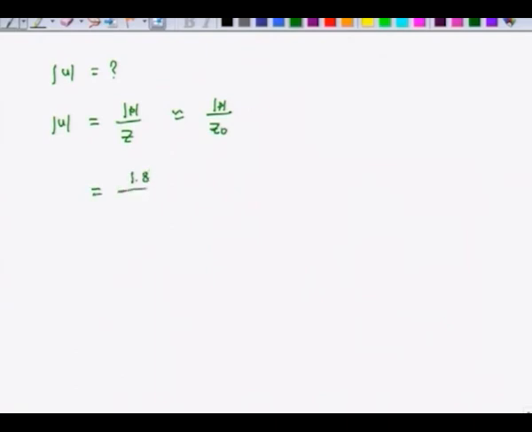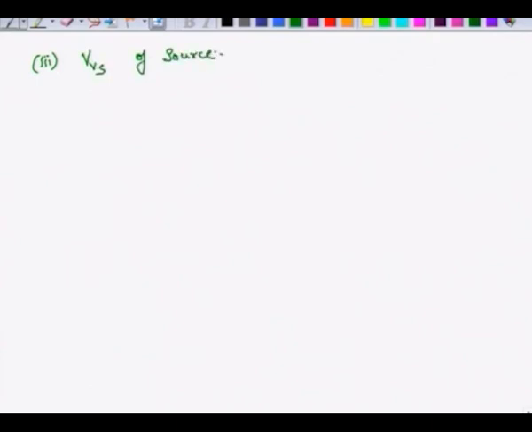I divide by Z naught, which is the product of 1.18 times 345, and that works out to be 4.42 times 10 to the power of minus 3 meters per second. My next aim is to find the volume velocity of the source, which we have been talking about so far.